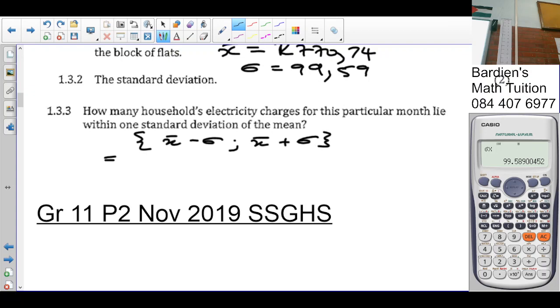In other words, that is going to be 770,74 minus 99,59, so it's going to be 671,15. The other one, of course, is the plus.